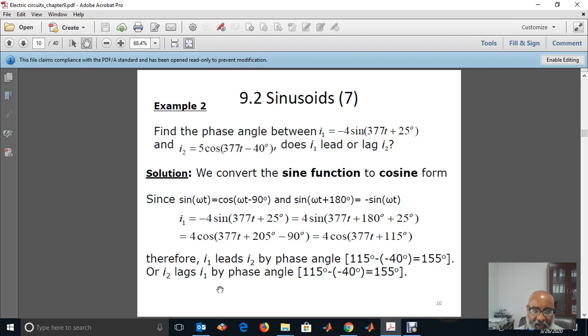Or I2 lags I1 by phase angle of 155 degrees. The most important thing here is we need to change them to the same form, to sine form or cosine form. So here in this exercise, we change them to cosine form.